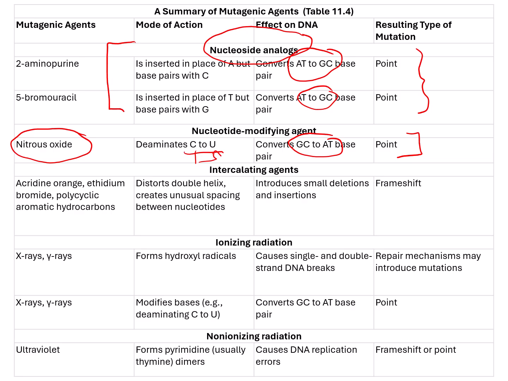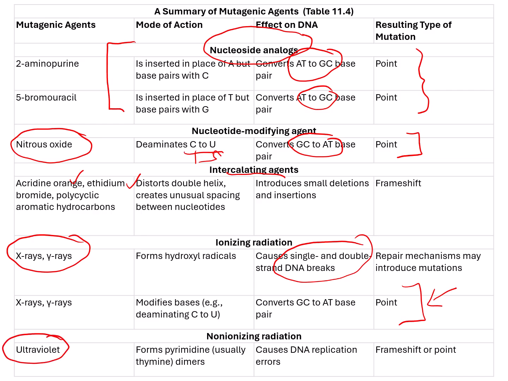We had our intercalating agents like acridine orange or ethidium bromide. We talked about X and gamma rays that cause single or double-stranded breaks. I didn't talk about this, but it can also cause point mutations. And then our non-ionizing radiation like UV light that causes thymine dimers and can cause errors in replication or transcription, or frame shift or point mutations.